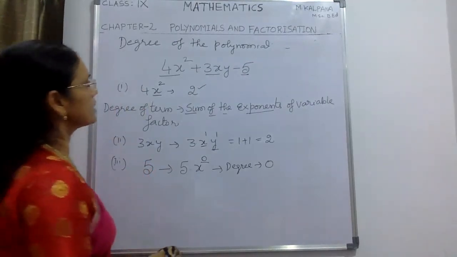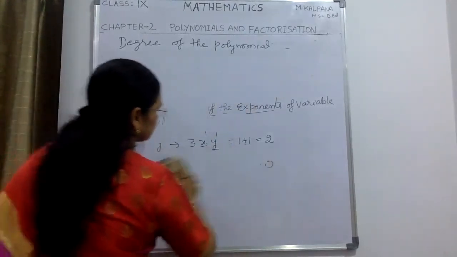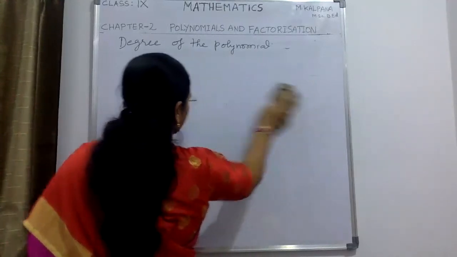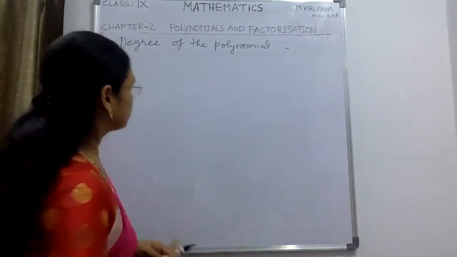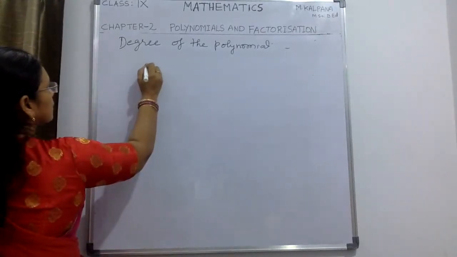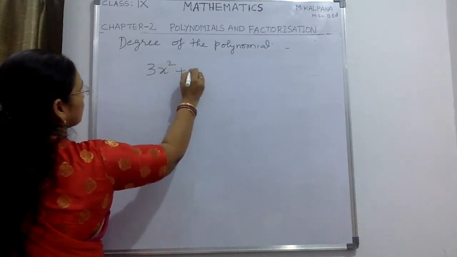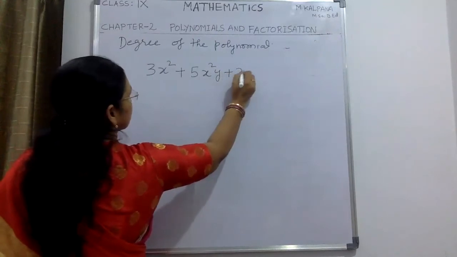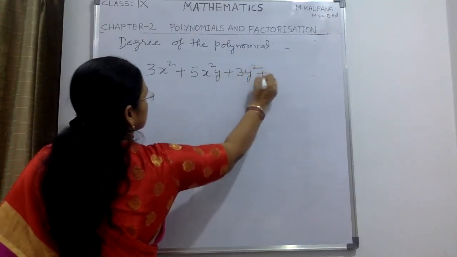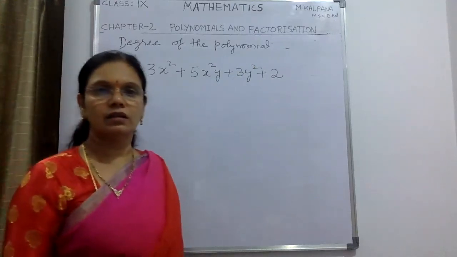Let us take another example. See here, 3x square plus 5x square y plus 3y square plus 2. There is an expression like this.